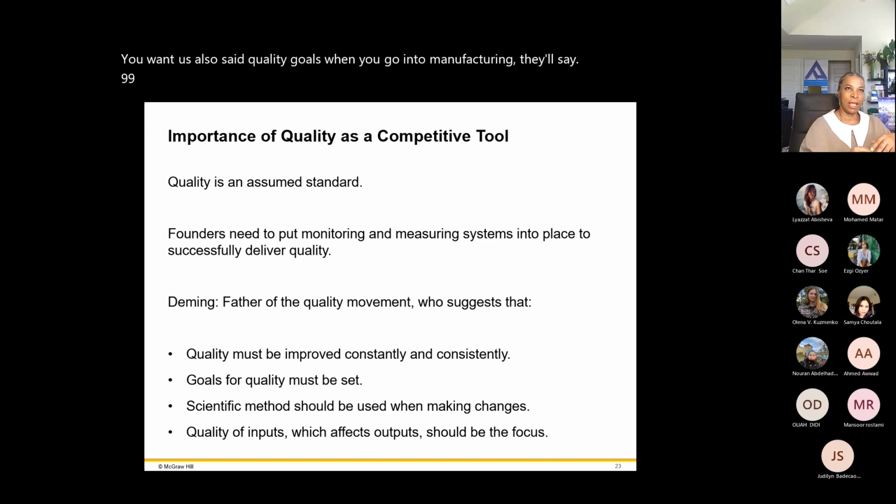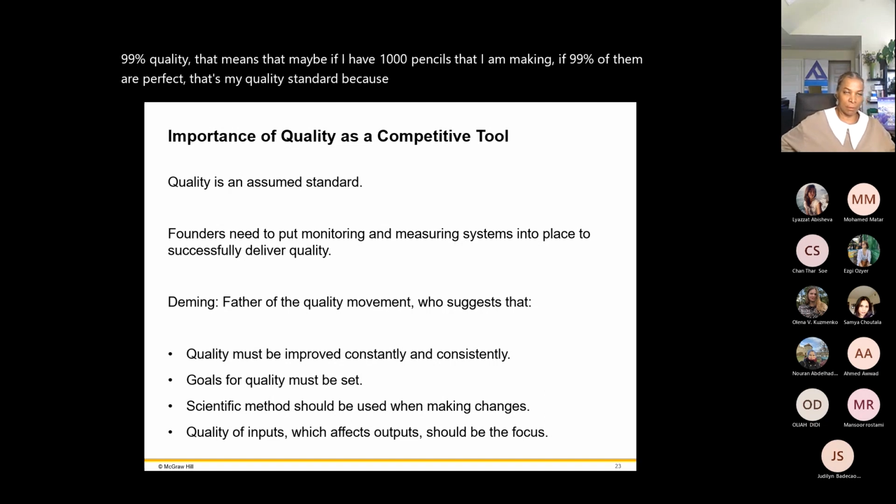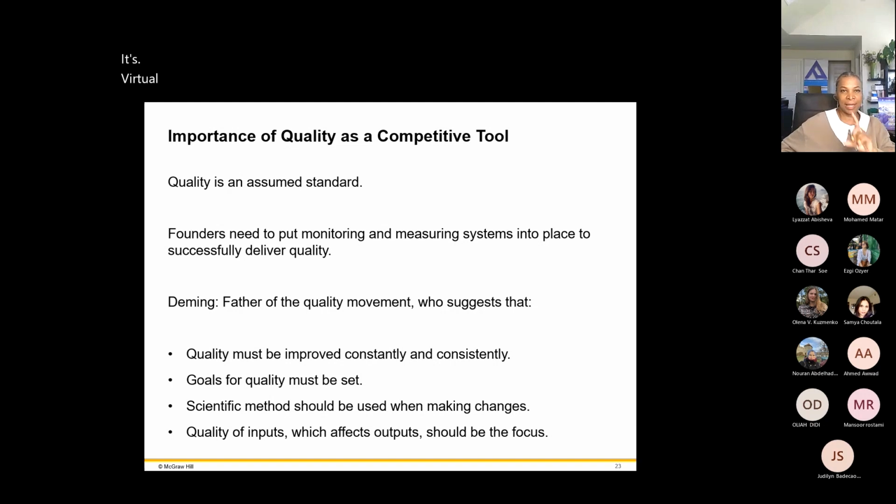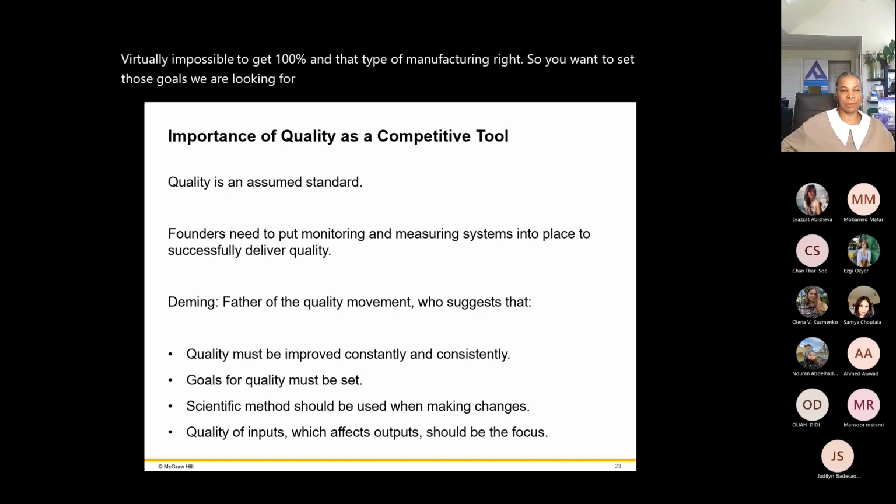That means if I am making 1,000 pencils, and 99% of them are perfect, that's my quality standard, because sometimes it's virtually impossible to get 100% in that type of manufacturing, right? So you want to set those goals. We're looking for 99% or 90% or 95%.